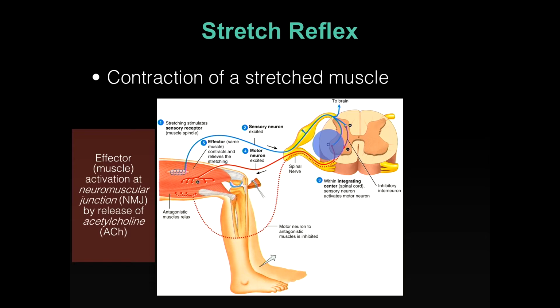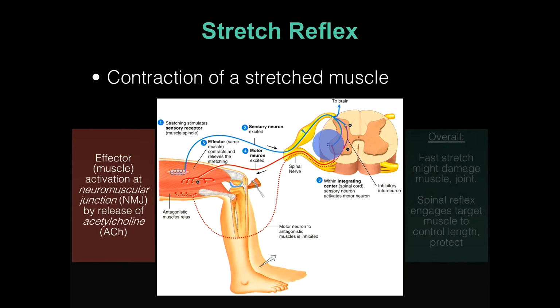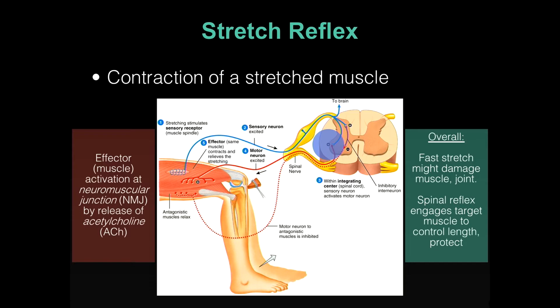That's your leg jumping. Why does it do this? If you think about it, fast stretch is not good for muscles, for tendons, for joints. Abrupt, fast stretch could mean rupture, could mean damage. And so as a protective mechanism, the body activates the muscle to slow the stretch or prevent the stretch.